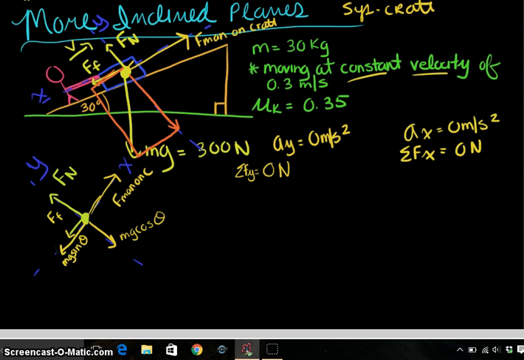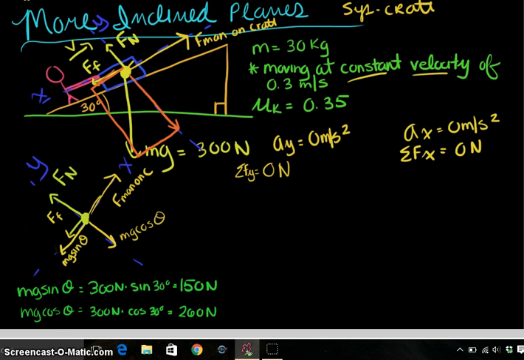Okay, so let's take a minute here to see if we can find mg sine theta and mg cosine theta. Okay, so working out the math on this here, you find that mg sine of theta is 150 newtons. So I'd like to just write that in right here.